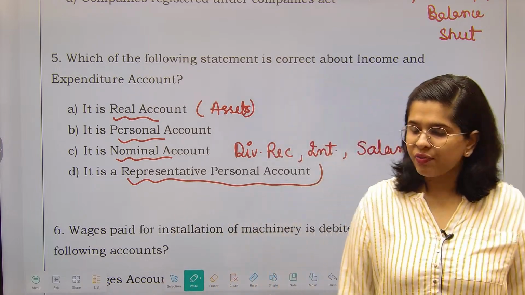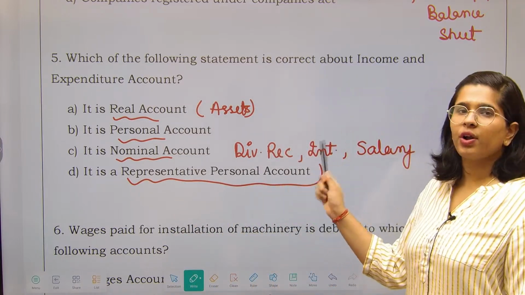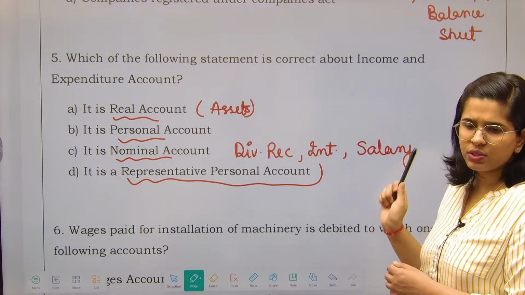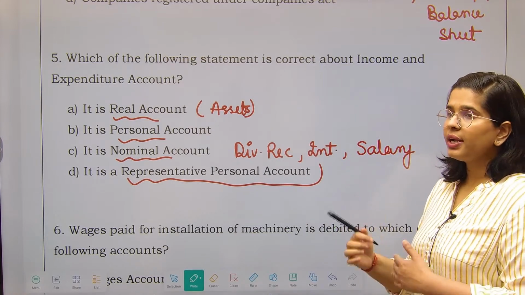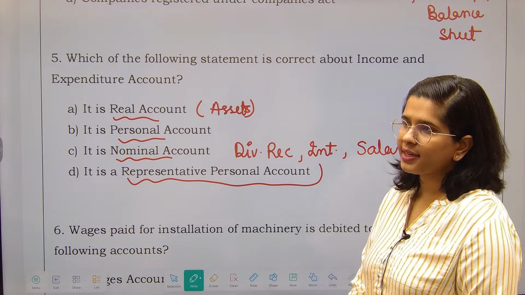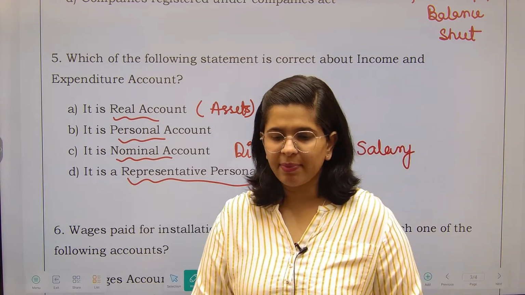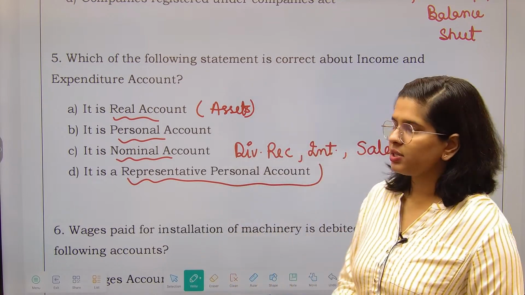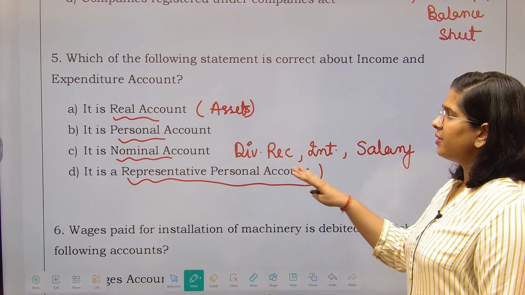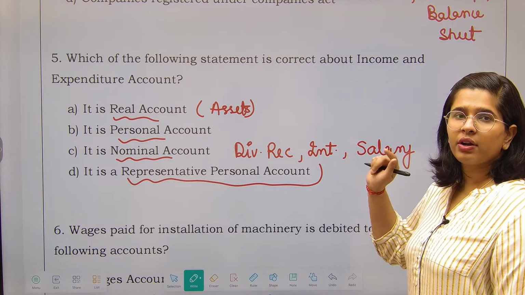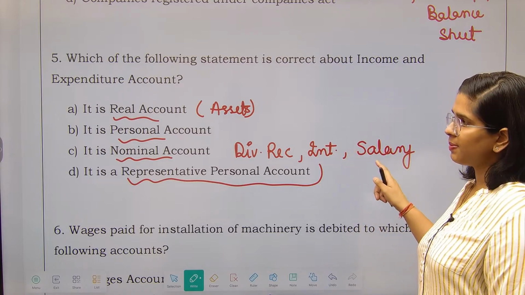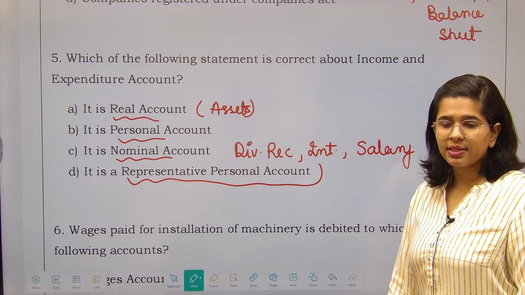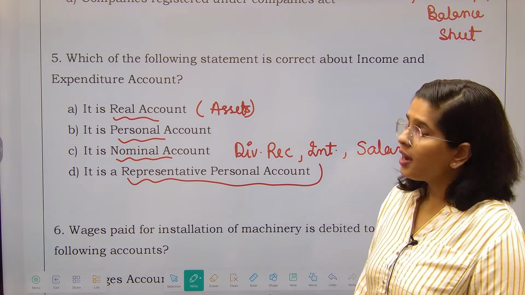So such accounts are made for a year and then they get closed at the end of the year. How do they get closed at the end of the year? That is a big discussion and we'll do it when we cover the EPFO syllabus. But as of now, just understand that any kind of your incomes or your expenses accounts are called nominal accounts, right?